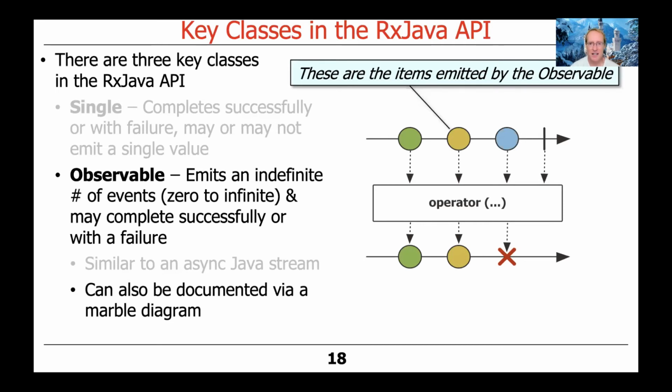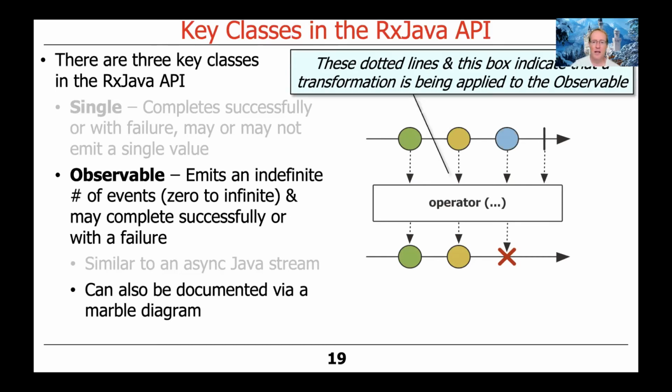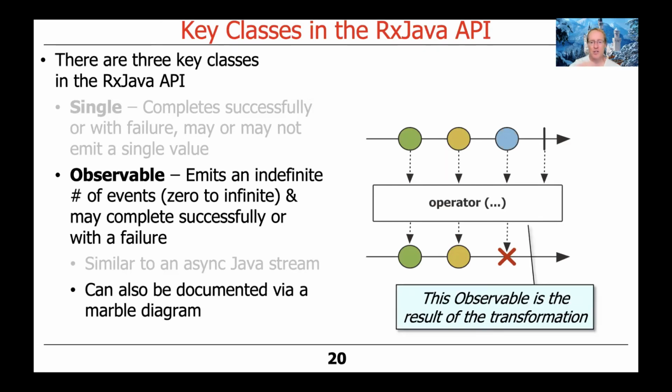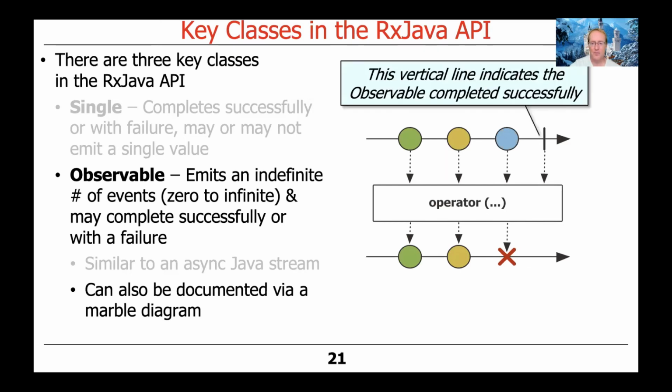So think of them as basically elements or data or values or objects that we've been thinking about in the context of Java streams. Once again, we have a dotted line and we have a little rectangular box that indicates the transformation that's being applied, like, again, map or flatMap and so on. And the text, something more specific than operator, will indicate what the transformation is going to be doing. And then you have the results of the transformation.